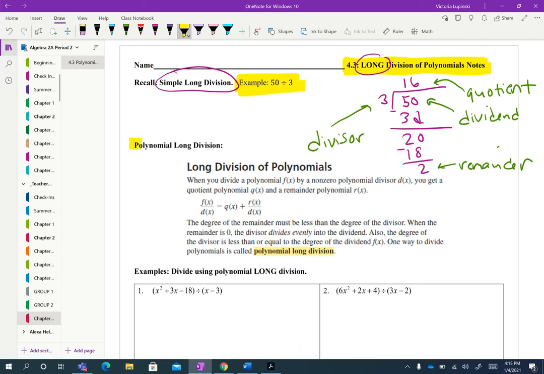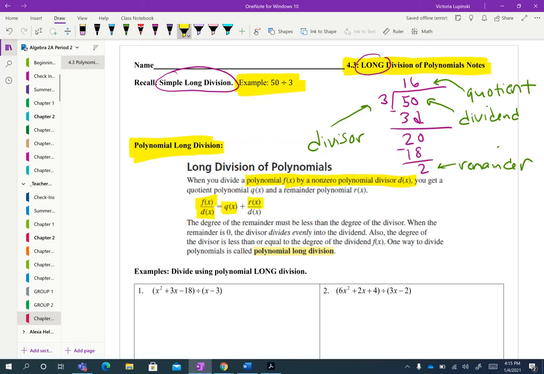Now that we've reminded ourselves about simple long division, let's talk about polynomial long division. If you're doing polynomial long division, you're dividing some polynomial f of x, so that's going to go up top. You're going to divide that by a non-zero polynomial d of x. That's going to go underneath. When you do that, you're going to get some quotient, which we're going to call q of x.